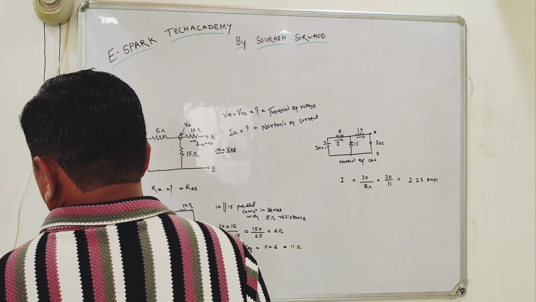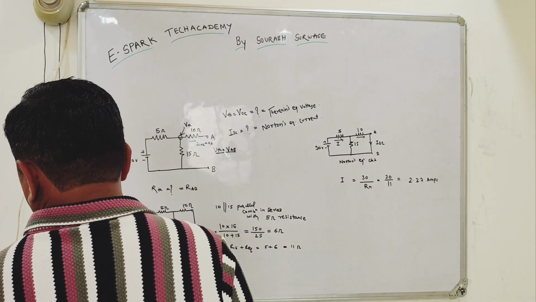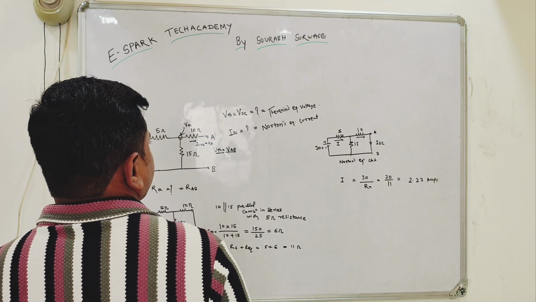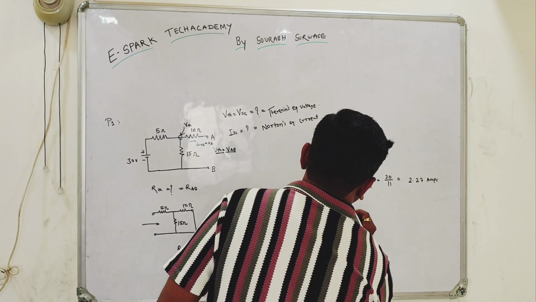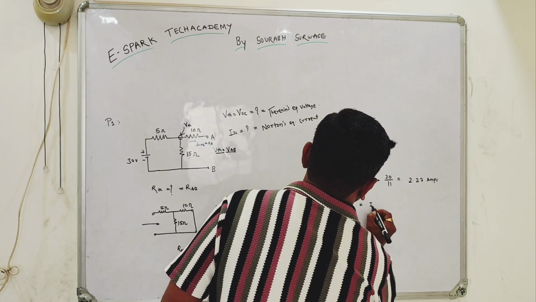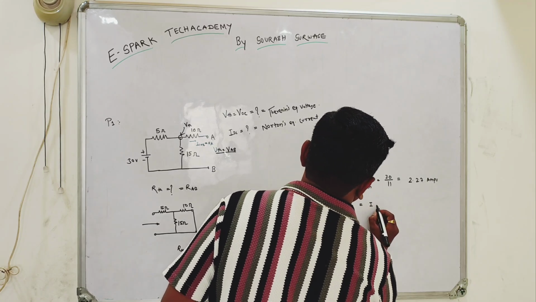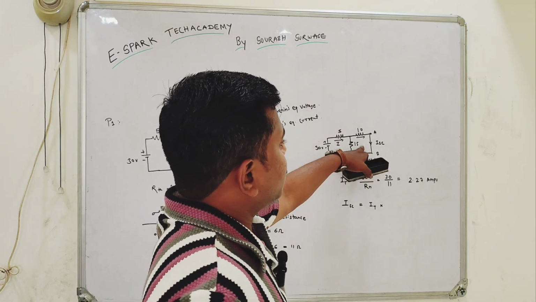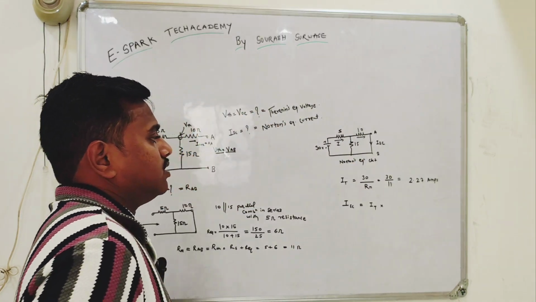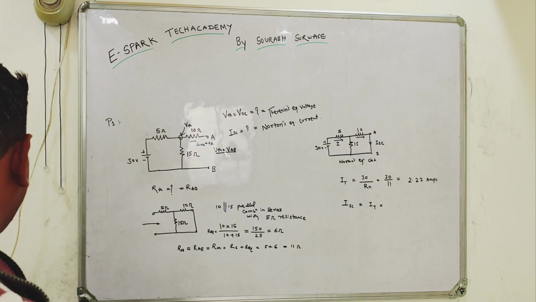When we calculate the current, it is nothing but the short circuit current. Short circuit current ISC will be the total current IT into, as these two resistors are in parallel, just the current division rule.